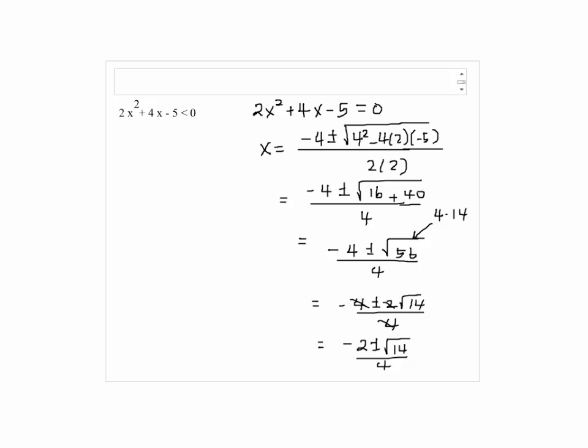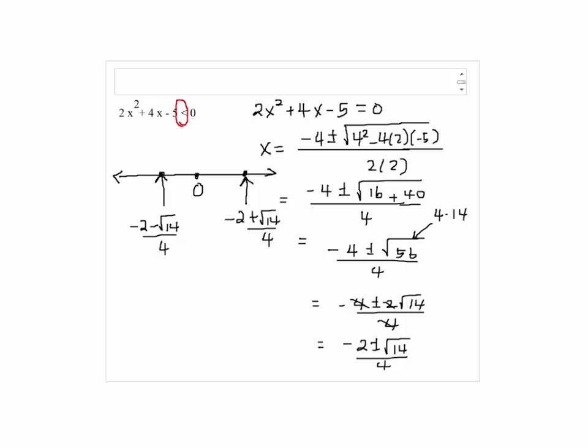So we have two boundary points. One is negative 2 minus radical 14 over 4, that is definitely less than 0. And negative 2 plus radical 14 over 4, that is greater than 0.